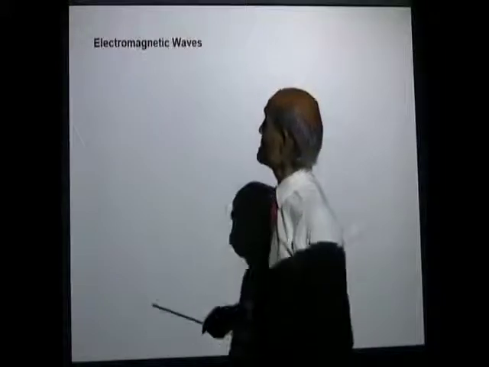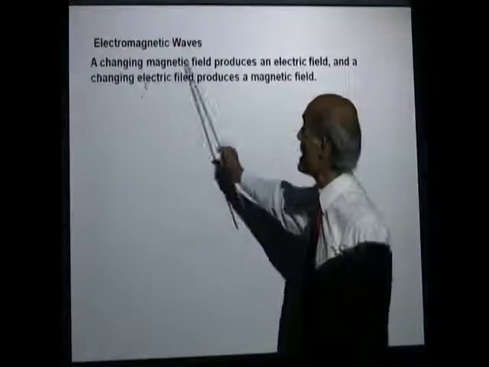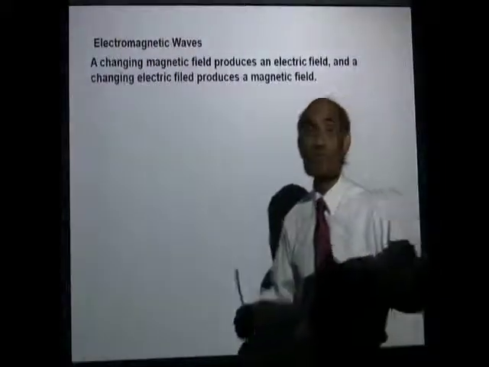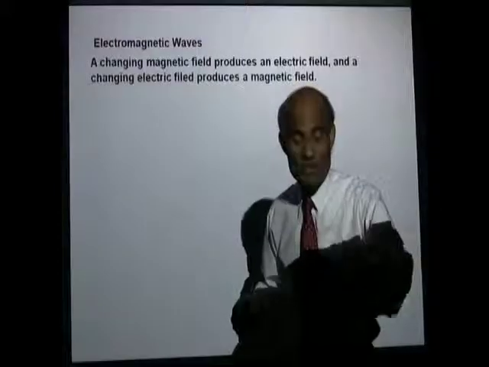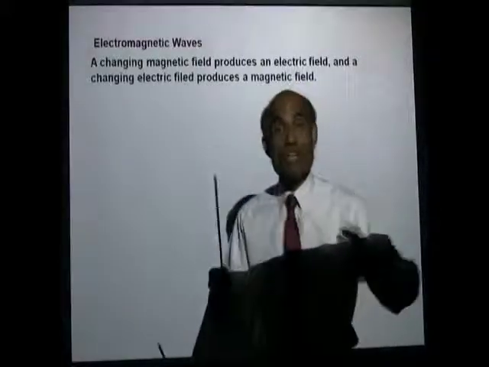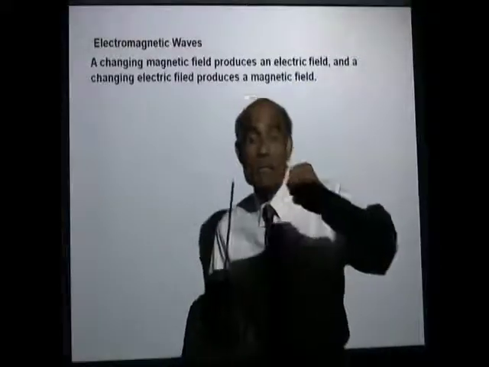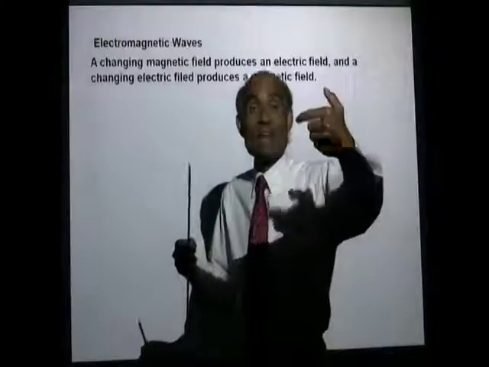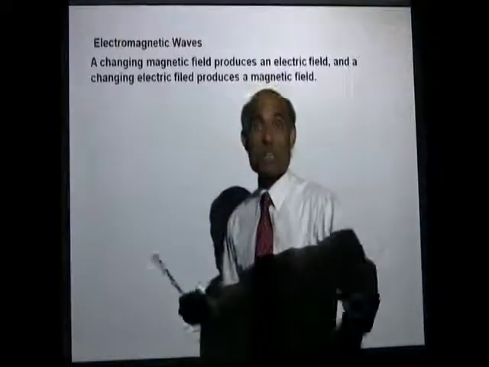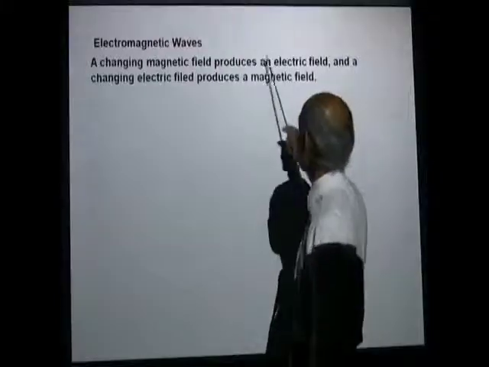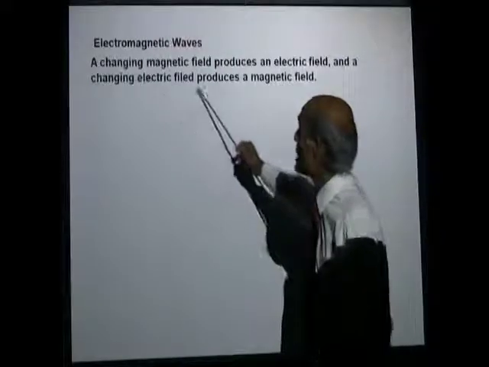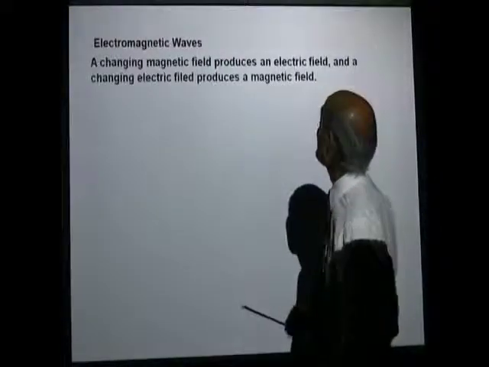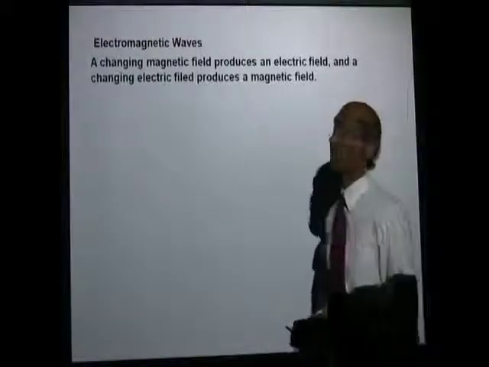Well, let's talk a bit about that. A changing magnetic field produces an electric field. Is that right? It is a fluctuating magnetic field that generates an electric current. So a changing magnetic field produces an electric field, and a changing electric field produces a magnetic field.